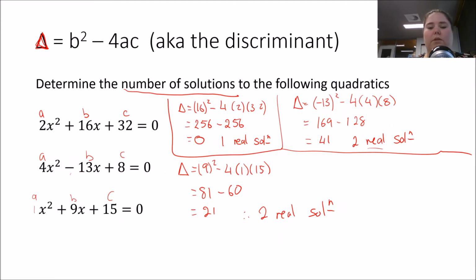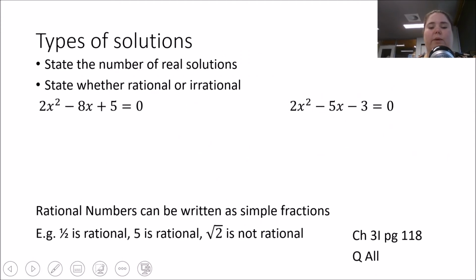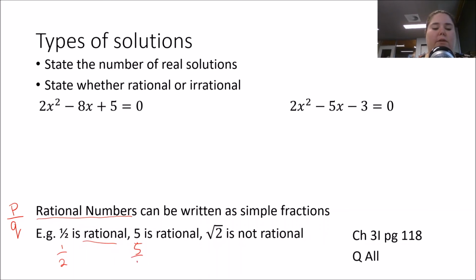We also want to talk about the type of solutions we have. So we want to talk about the number and the type. And the type comes down to this rational numbers thing. If a number is rational, it can be written as a fraction with a whole number on a whole number. So here we have a half. That's a whole number on a whole number, so that is rational. 5 can be written as 5 on 1, so that is rational.